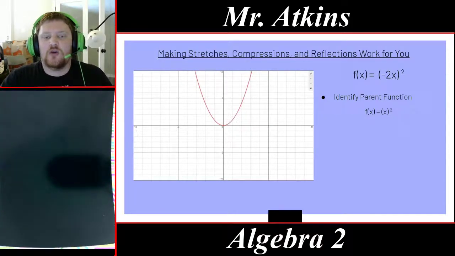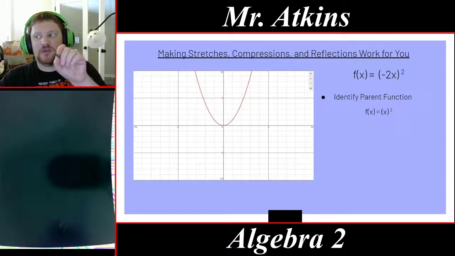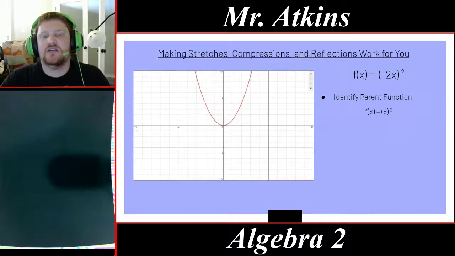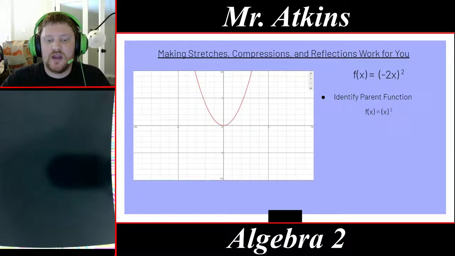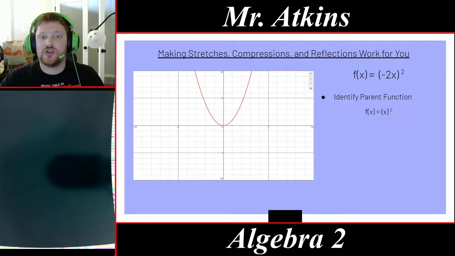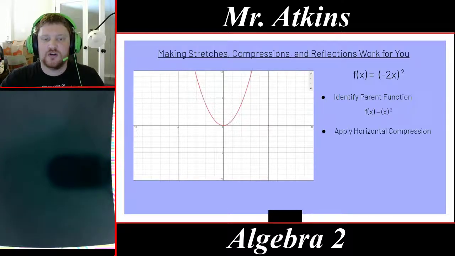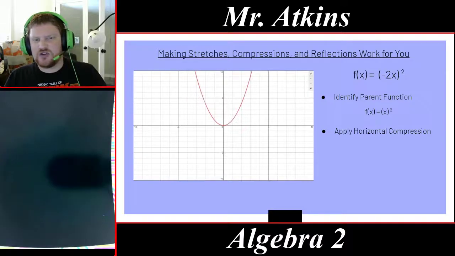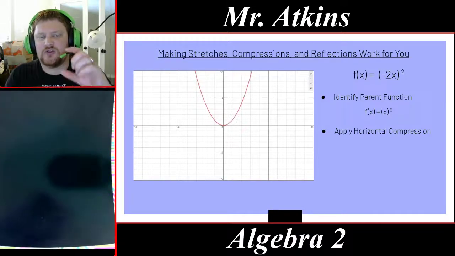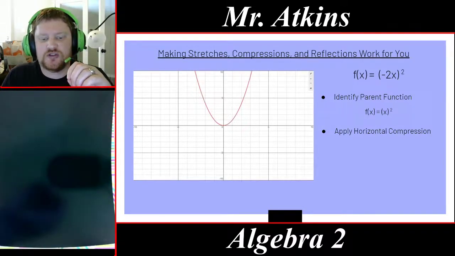Next, note that our 2 this time is on the inside of our parentheses. That means we are going to have a horizontal, and because that 2 is larger than 1, it's going to be a compression. So we have a horizontal compression, and here's the really weird thing about horizontal compressions or stretches.